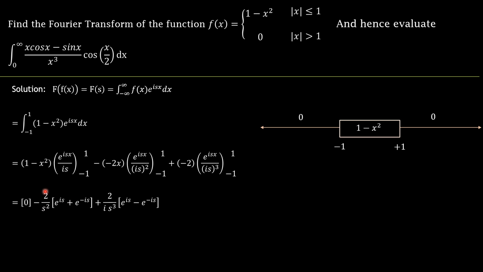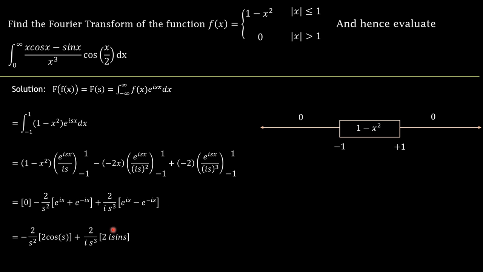So it is minus 2 by s square (e to the power is plus e to the power minus is). And in the third case, it is minus 2 divided by i cube. What is your i cube, students? i cube is minus i. So it is minus 2 by minus i, that is nothing but 2 by i s cube into (e to the power is minus e to the power minus is).